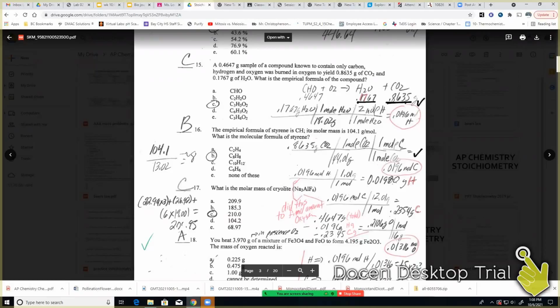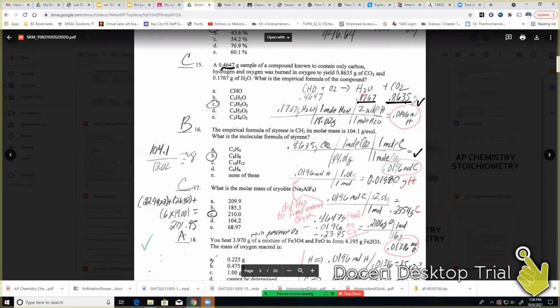And then I needed to subtract, because on this one you knew the total amount of that compound you started with. So what I was missing was my oxygen. So that's what I did here.